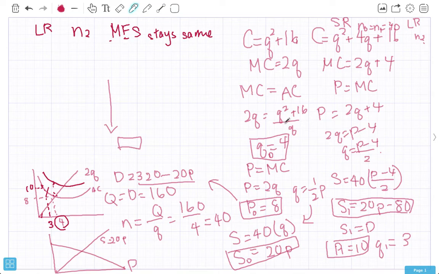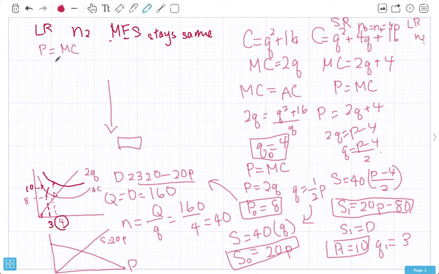So picking up from here, you would have q equals P. Sorry, let me erase this. Okay. So P equals MC here.